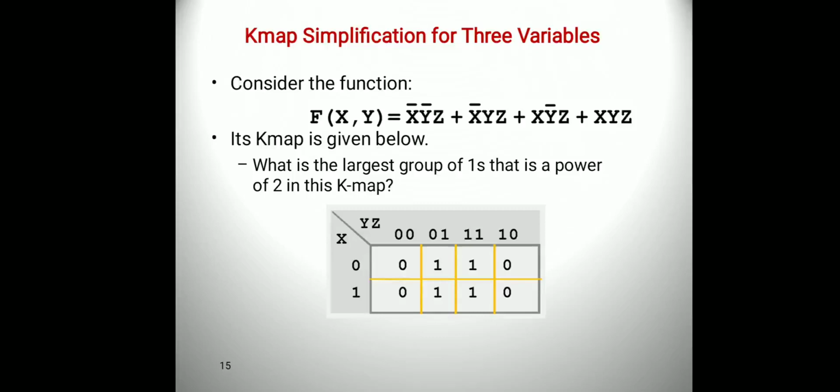Therefore x is eliminated. For the 2 columns, y is 0 in the second column and y is 1 in the third column. Therefore y is also eliminated. Only z is constant in both columns. Therefore the output of this function is f of x, y equals z.